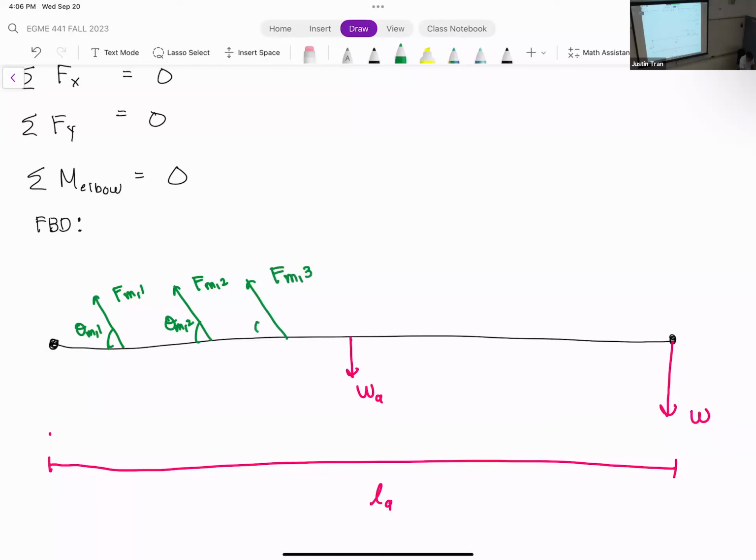And finally, we have FM3, that's acting at an angle of theta M3. And the distances for all these are given as well. So we know this right here is LM1. This distance right here is LM2. And this distance right here is LM3.